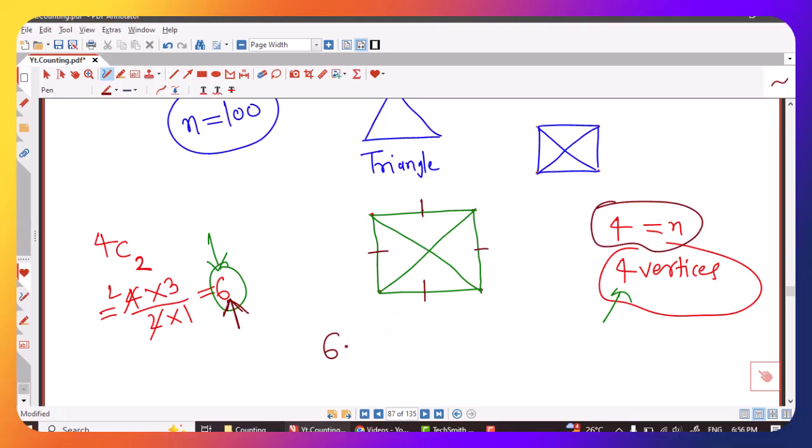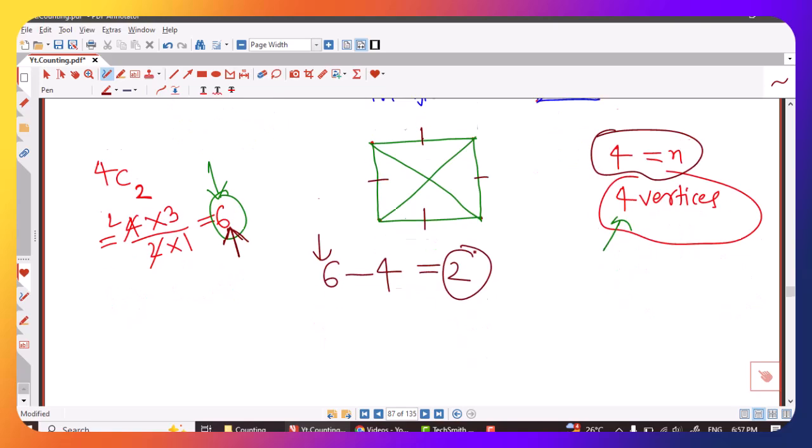So they are not diagonals. So we are subtracting the number of sides out of total number of line segments which we can construct by joining any two vertices out of four vertices. So this becomes 6 minus 4 equal to 2. So we know that there are 2 diagonals in a square, which is a polygon with 4 sides.